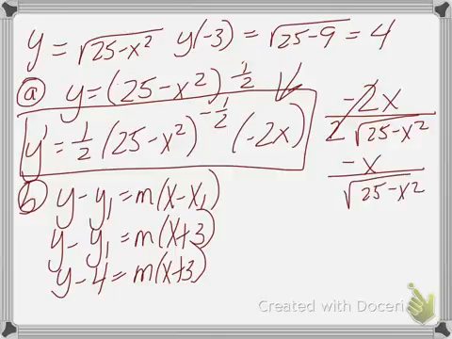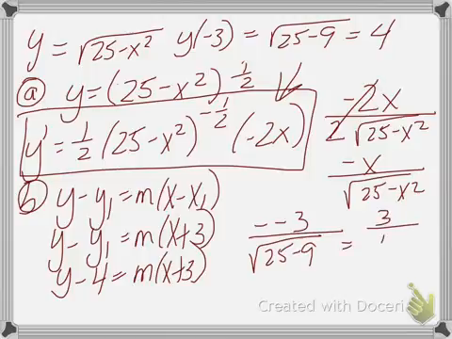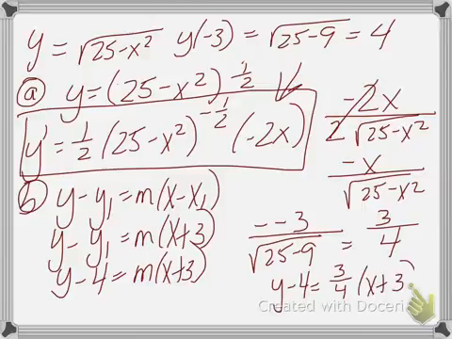Now you put a -3 in there, so you have -3 over 25 minus 9. So this is going to be 3 over 4. And your final answer will be this. That is part B.